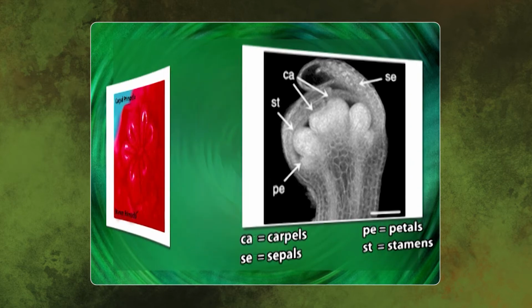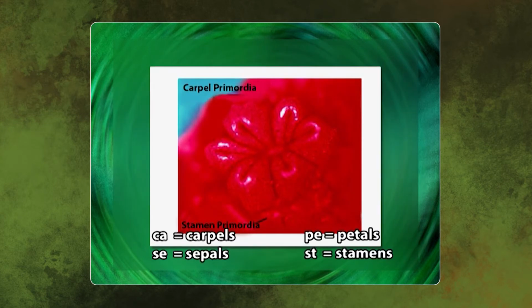Stamen primordia arise shortly after or simultaneously with the petals and in alternate positions to them. Finally, the carpels initiate in the center of the meristem to give rise to a pistil. As the different organs initiate, the meristem gets progressively smaller. After the carpels initiate from the center, the meristem is used up.